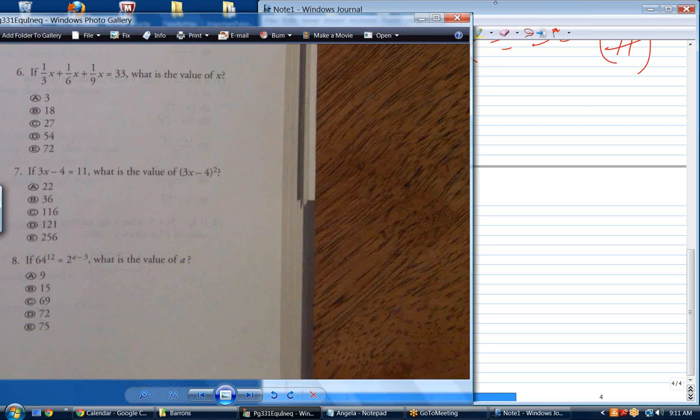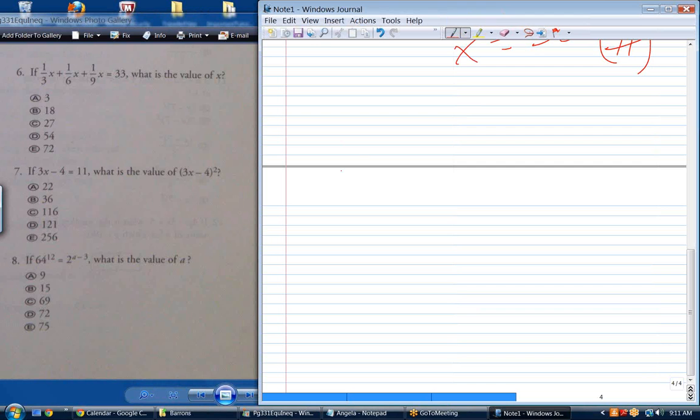Okay, number 8. You remember how to do these? I would make the base of 64 as 2. What would that be? 2 to the 6th?